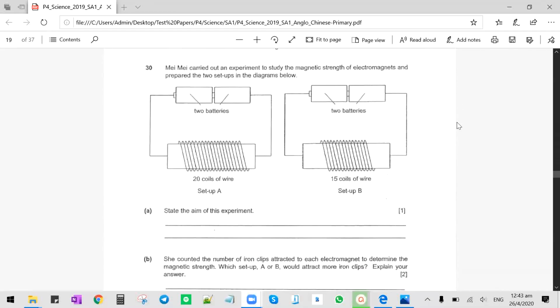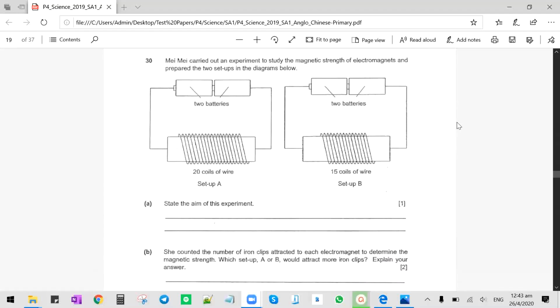Question 30. Mei Mei carried out an experiment to study the magnetic strength of electromagnets and prepared the two setups in the diagrams below. So you have two batteries, everything the same. Seems like the bar magnet is also the same, except for the number of coils of wire. State the aim of this experiment. The only thing that's different is the number of coils, so that is related to the aim already.